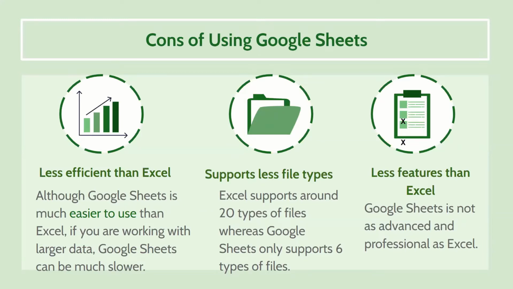Excel supports around 20 types of files, whereas Google Sheets only supports 6 types of files. And lastly, there are fewer features than Excel. Google Sheets is not as advanced and professional as Excel, so you may notice that some functions or features will be missing from Sheets that Excel might have.